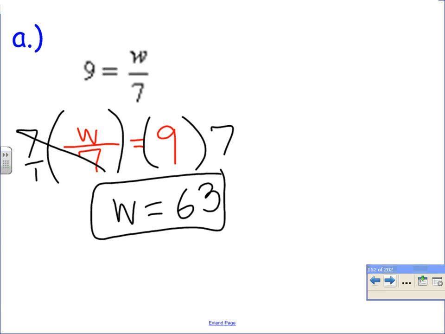So that's where we get 7W divided by 7 is just W, which you could also say is 1W. Remember, there's always a 1 here, but you don't need to write it. Is that what you mean? Okay. Since you divided 7 by 7, it's 1. Yeah. Right. You don't need to. It's gone. The 1's always there. You don't need to write it because you're solving for the variable.